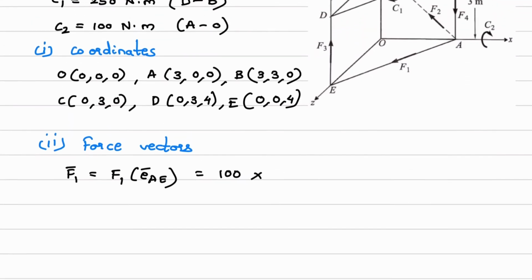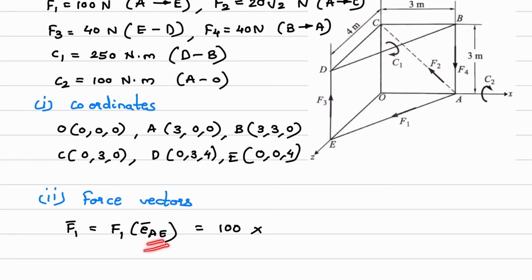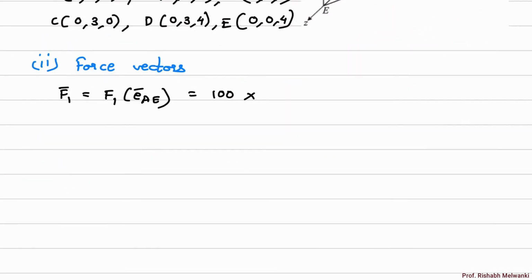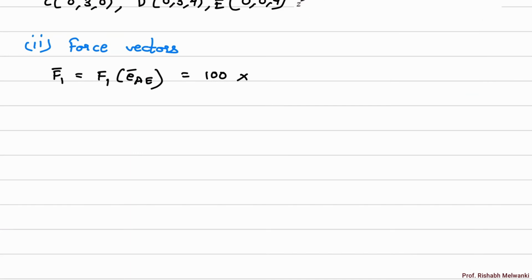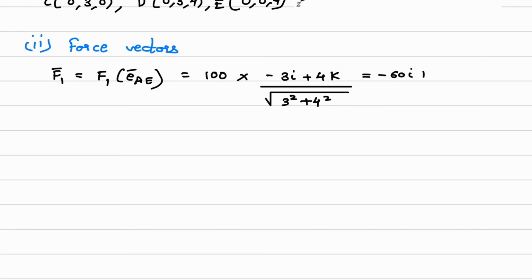Unit vector is E minus A, so it will be minus 3i plus 4k, divided by the square root of 3 squared plus 4 squared. If you simplify this, you will get minus 60i plus 80k.